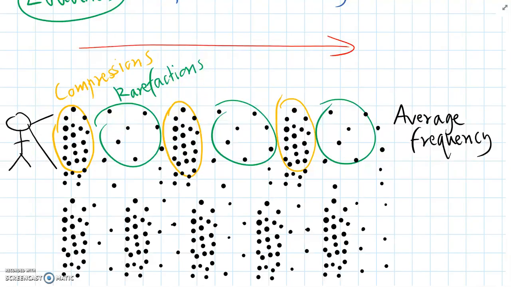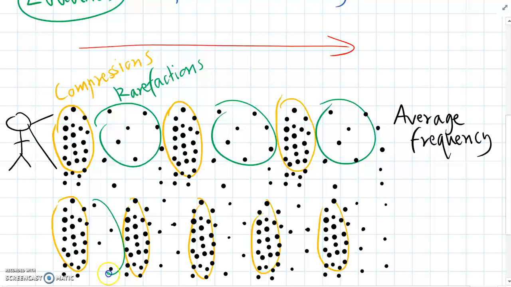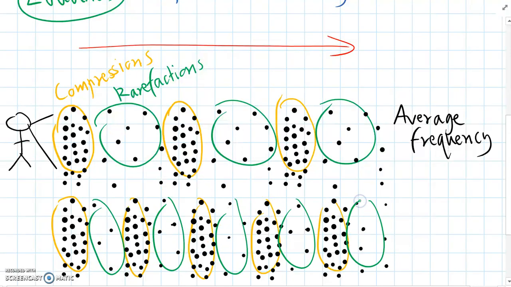So in our second example, we can see there are more compression areas and rarefaction areas than the one before. This means whatever is making the sound is vibrating more quickly.